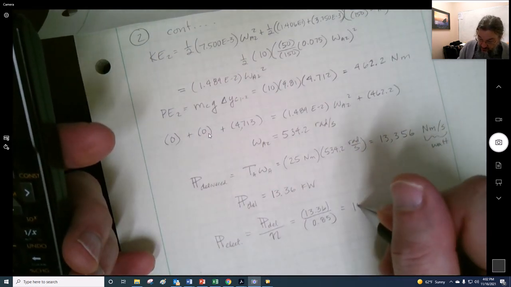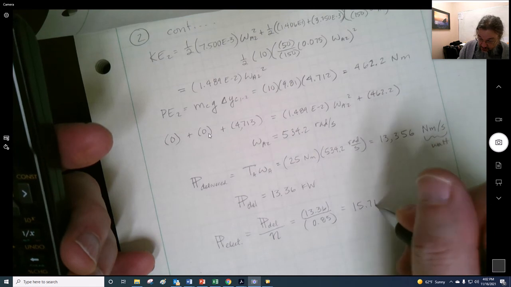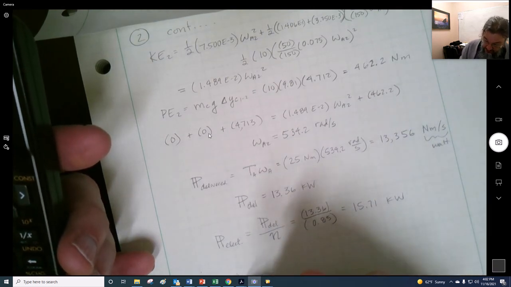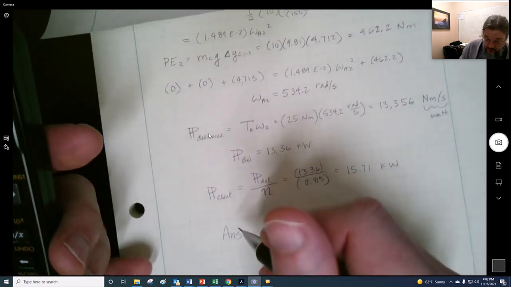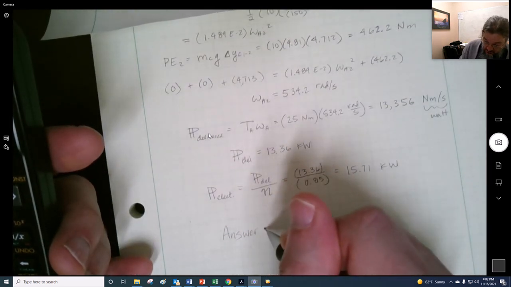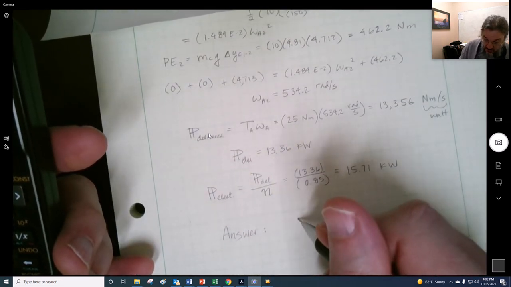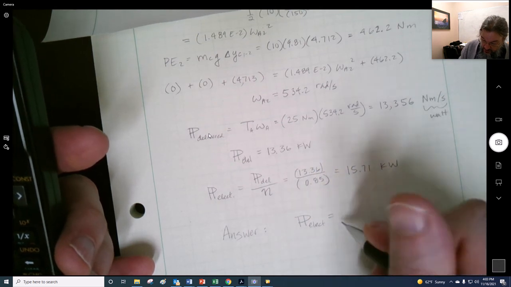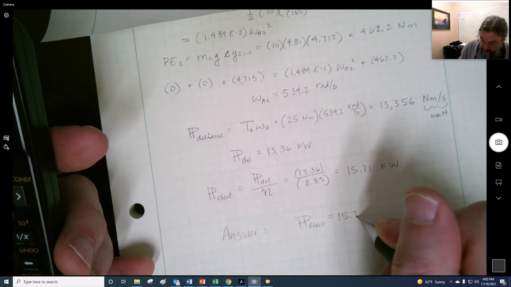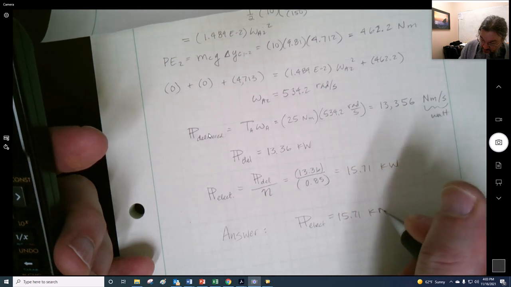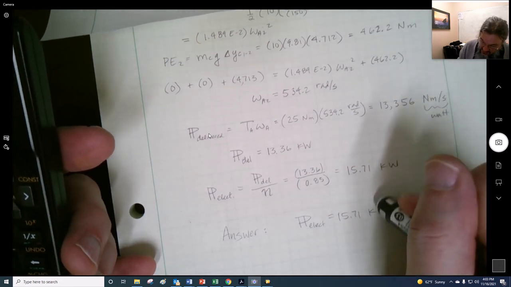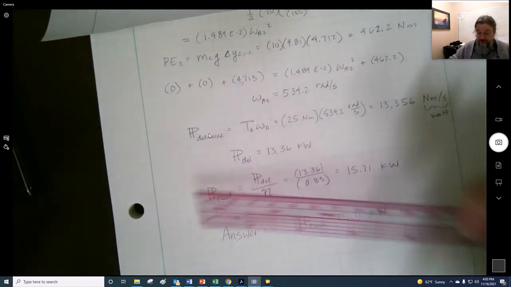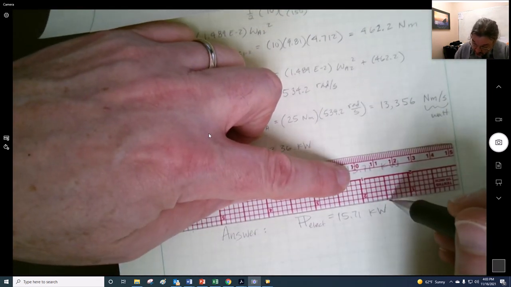And we end up with 15.71 kilowatts. So the answer is electrical power is 15.71 kW. Can't make my W's. So there you go. And let's box it in.